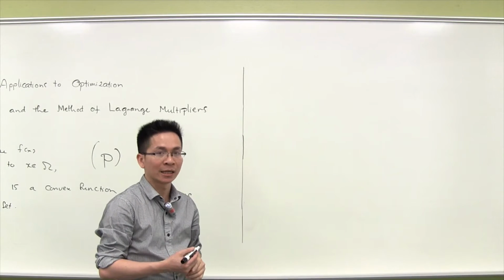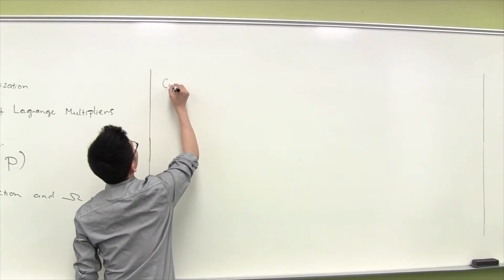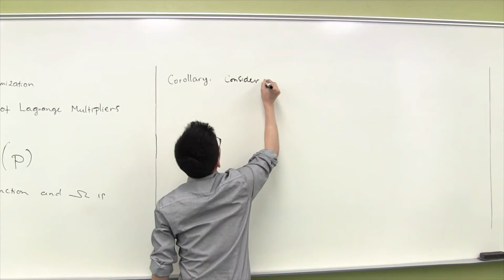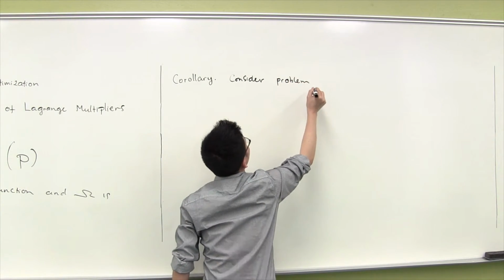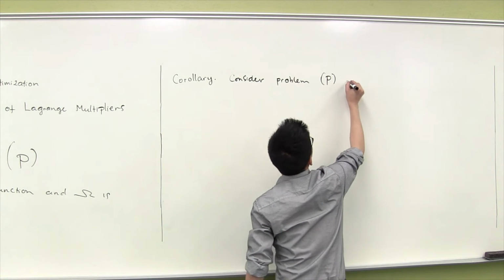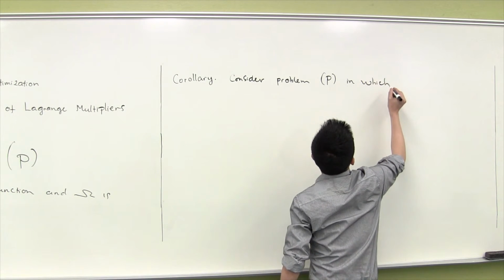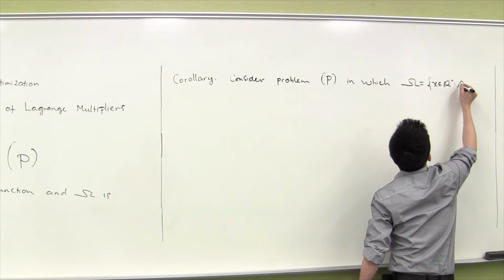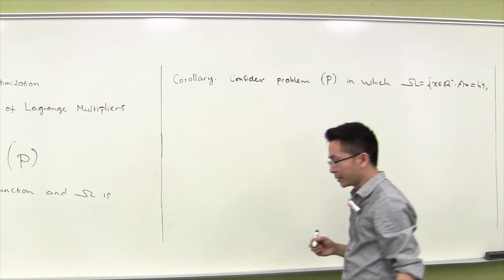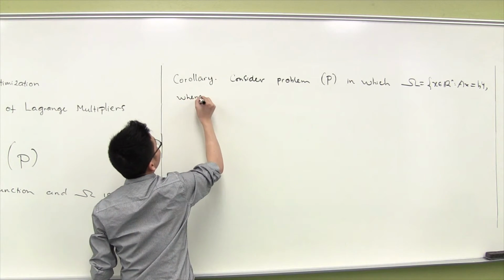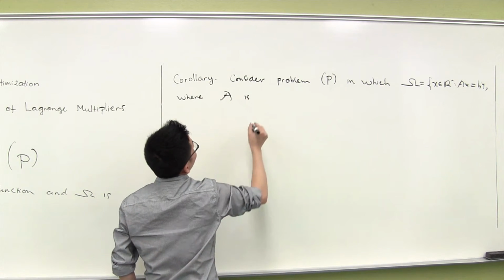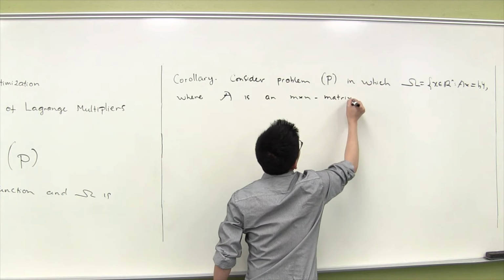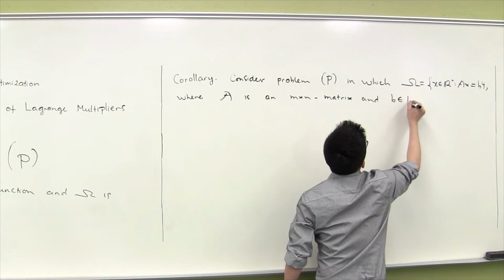Now I'm going to present another corollary. Consider problem P, in which omega is the set of all x in Rn such that A times x is equal to B, where A is an m by n matrix and B is a vector in Rm.